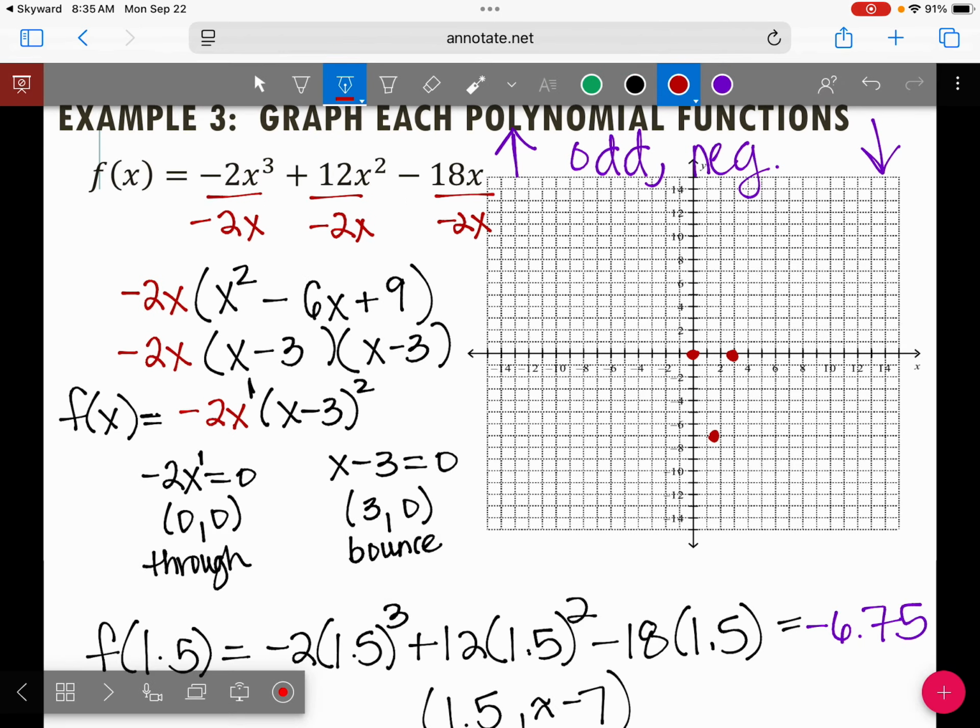All right, so we got to remember, we're coming down. It's going through the 0. We make a U-turn. We hit this and we bounce. We turn back around. That's what your graph should look like.